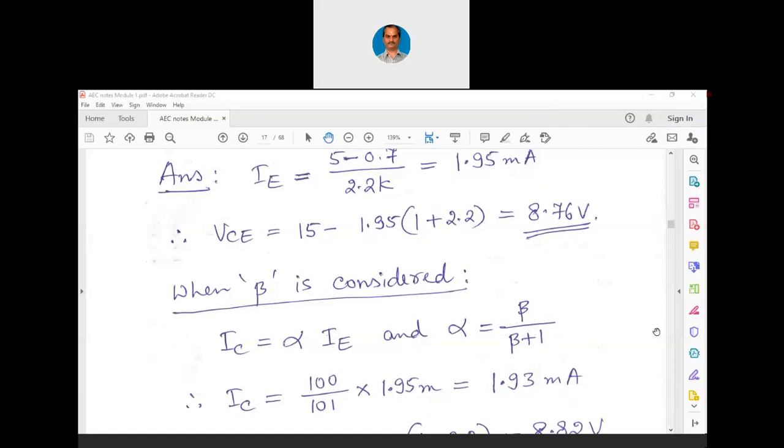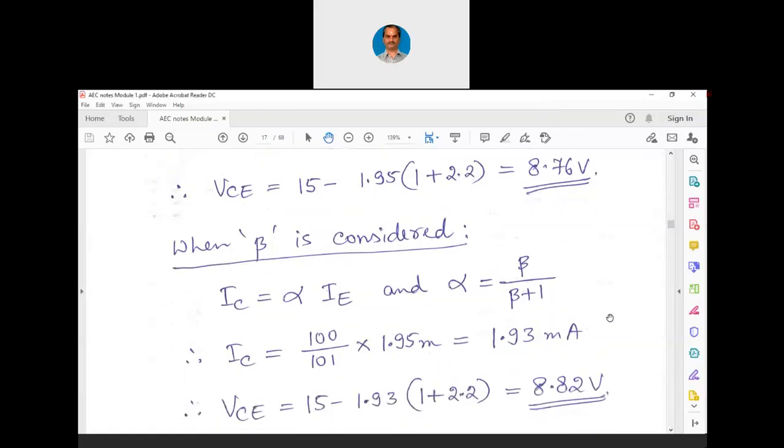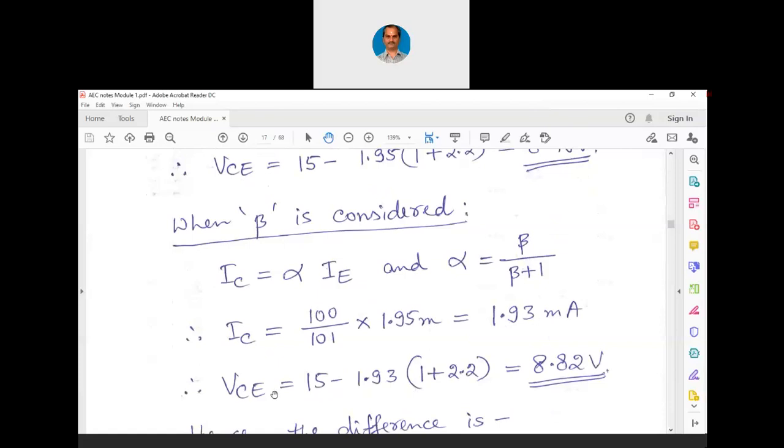Now let us calculate this exactly. VCE equals 15 minus, let us choose 1.93 here instead of 1.95, 1.93 into (1 plus 2.2), we get around 8.82 volts.